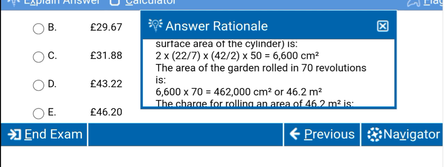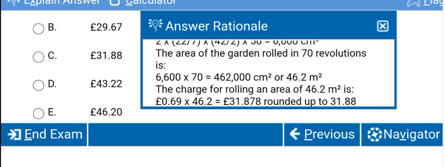So the area of the garden rolled in 70 revolutions is 6,600 multiplied by 70 equals 4,62,000 centimeters squared, or 46.2 meters squared.